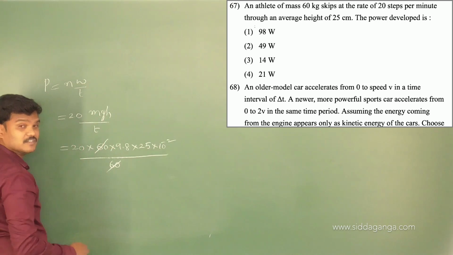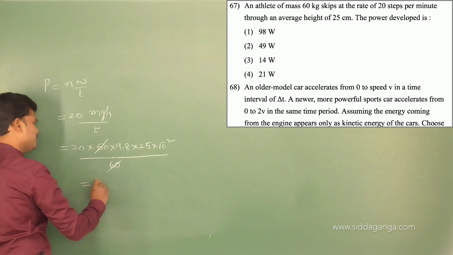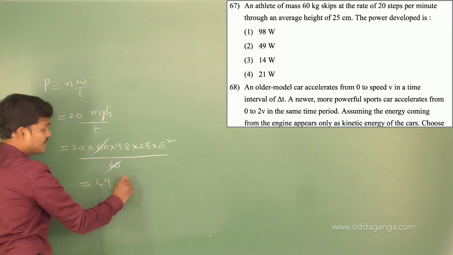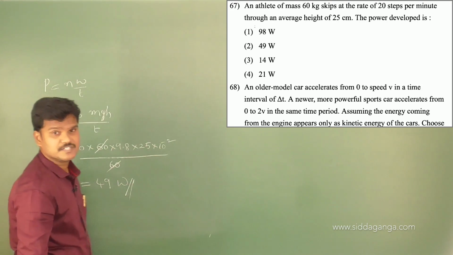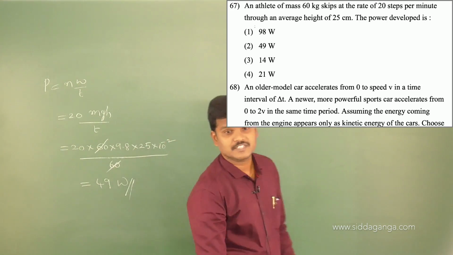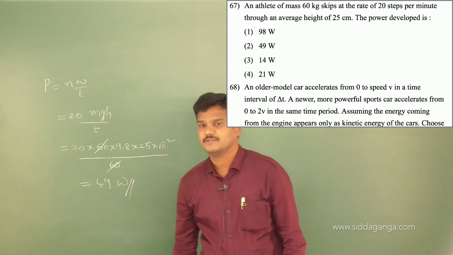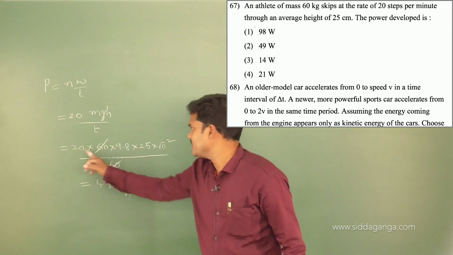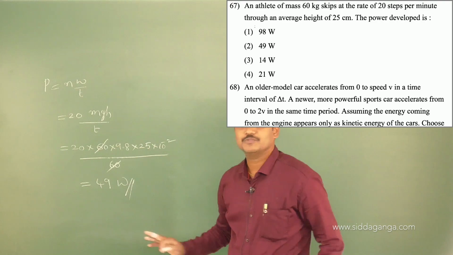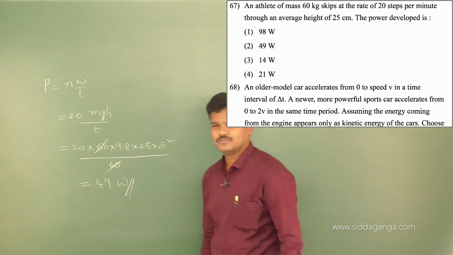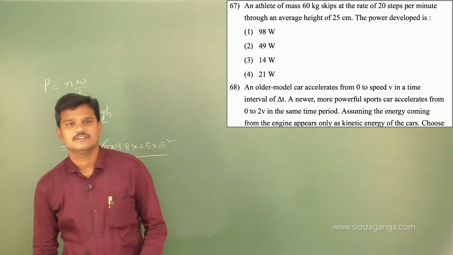The nearest answer to 50 is 49. Just multiply 25, 20 and 9.8 and 10 raised to minus 2, and you will get 49. An easy question, so no need to worry.